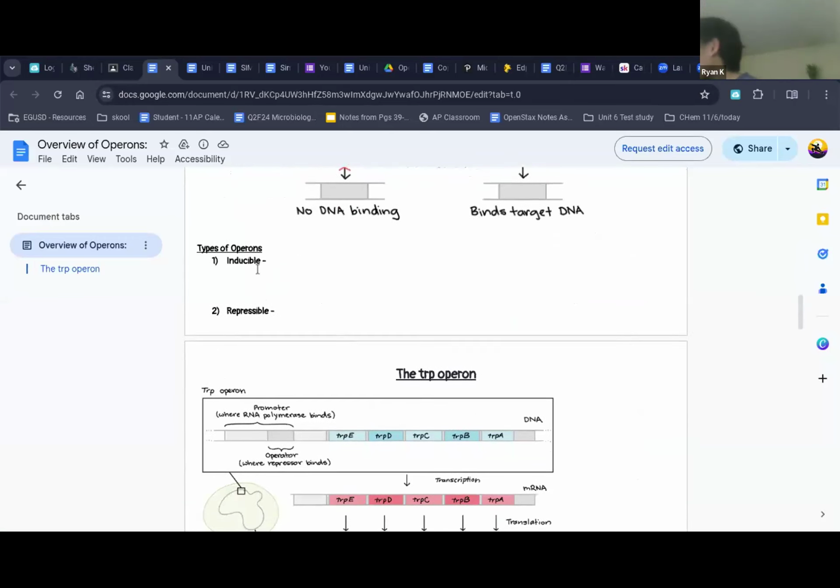Inducible. Wait, I have the notes on my phone, because my teacher was writing a whole lot of notes and then just takes them off the screen after one second, like, oh, they're gone now. Found it.